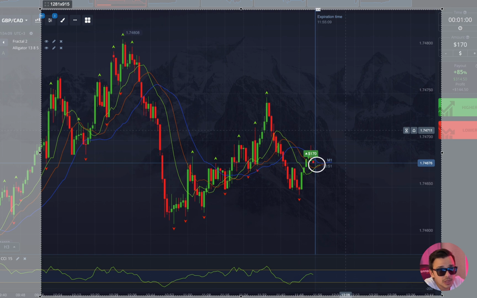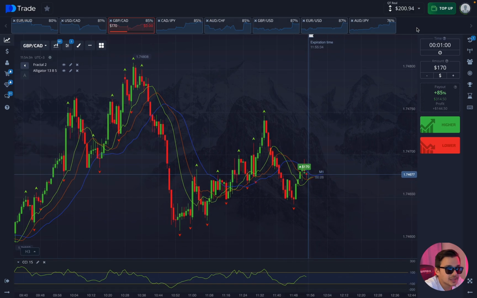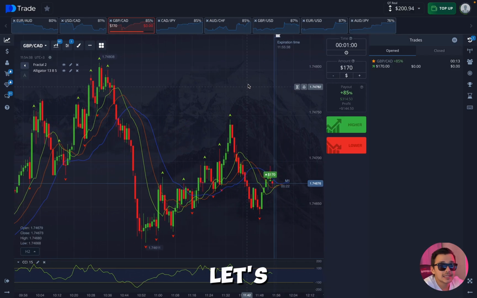Also, the local minimum was updated earlier. The oscillator momentum indicates that it is possible to open a trade on the upside. And also, there was an exit from the oversold area. The overbought area was not crossed. So in this case, I'll open a trade on the upside. Let's see the result.